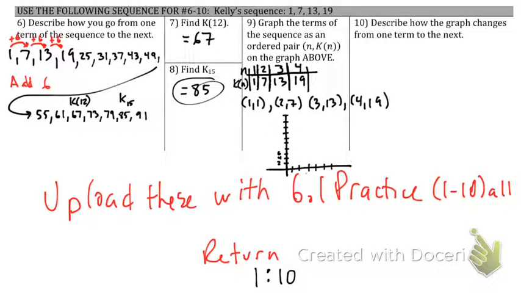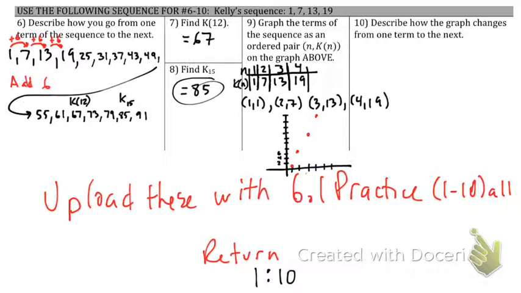Let's put them in red. And then we're going to have 2, 7. 2, 7 would be between 6 and 8. 3, 13. 3, 13. 8, 10, 12. Right around here. And then 4, 19. Here. Okay, so we have our graph. Yours should look very similar to that.